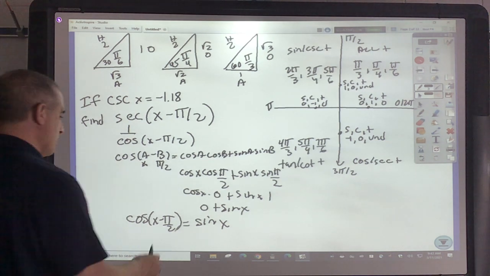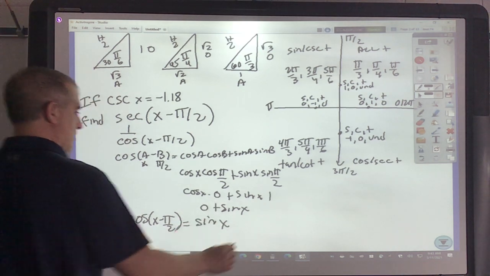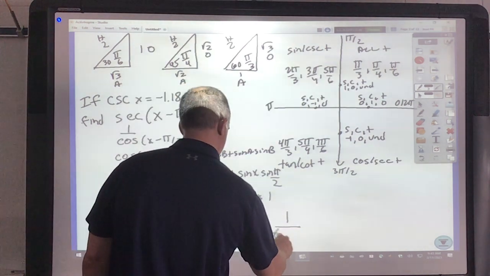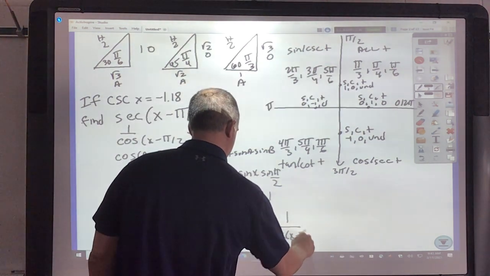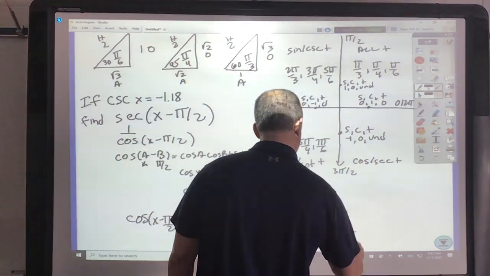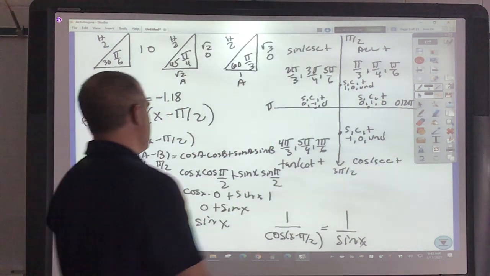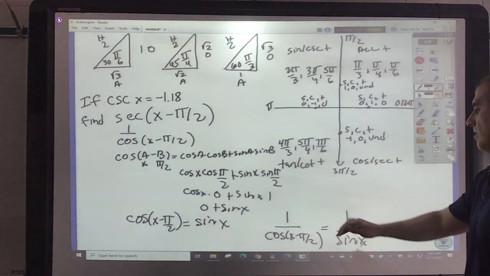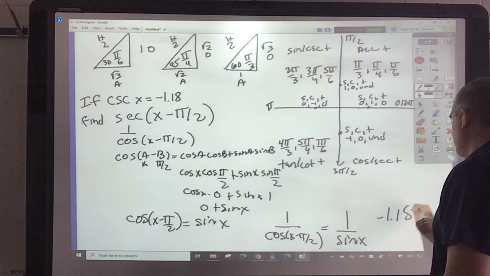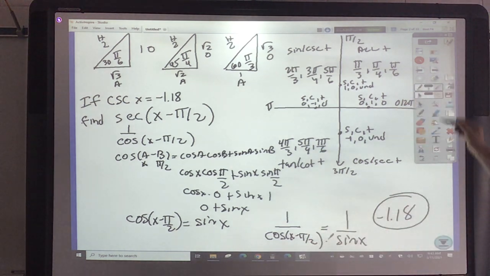So what would that mean for us for cosecant? That is 1 over that, which would equal 1 over sine. So very simply, the concept would be that what I would have here is negative 1.18, because basically what we're doing is these are on the same level.